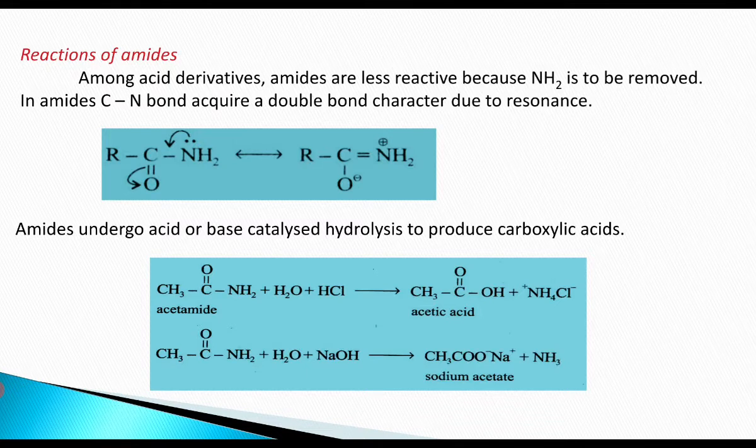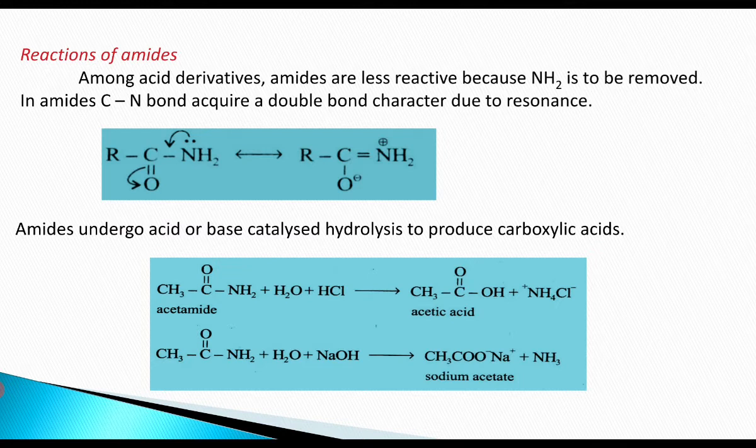Next, reactions of amides. Among acid derivatives, amides are less reactive because NH2 is to be removed in this process. In amides, the carbon nitrogen bond acquires a double bond character due to resonance. See, on the nitrogen atom of acid amides, a lone pair of electrons is present which participates in resonance.